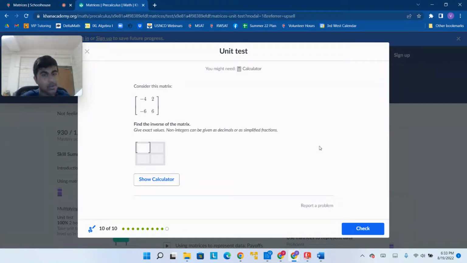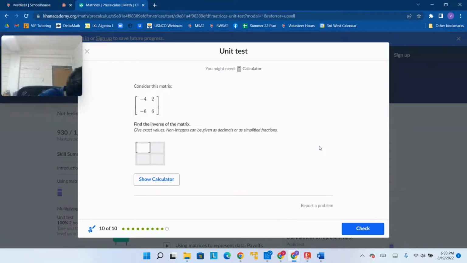So we want to find the inverse, so like the A negative 1. We could try a dot product and find systems of equations for that, but that seems a bit too cumbersome, a bit too tiresome, and there's a lot easier way to do this. So we're going to define this as a random matrix, A, B, C, D. In this scenario, A is negative 4, B is 2, C is negative 6, D is 6.